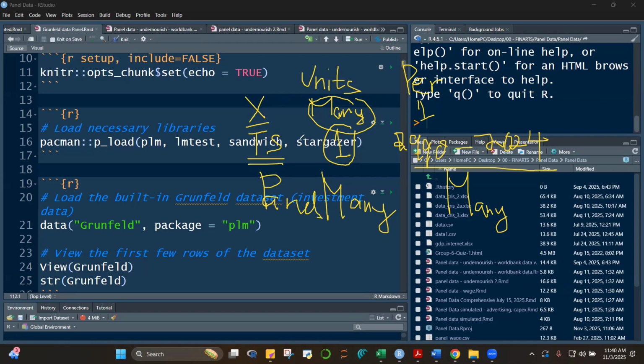So it's important to recognize the difference between a cross-sectional data, a time series data, and a panel data. Class, when you choose your data for your case, make sure it's a cross-sectional data. I've seen some students choose data that contains the time element, so there's 2010, 2011, 2012.